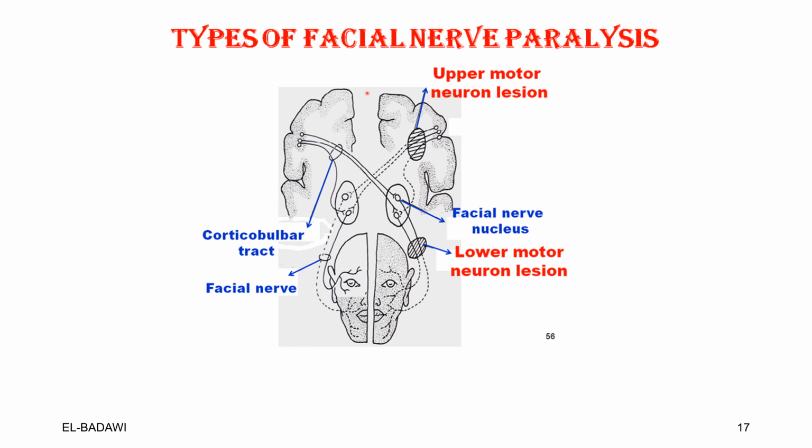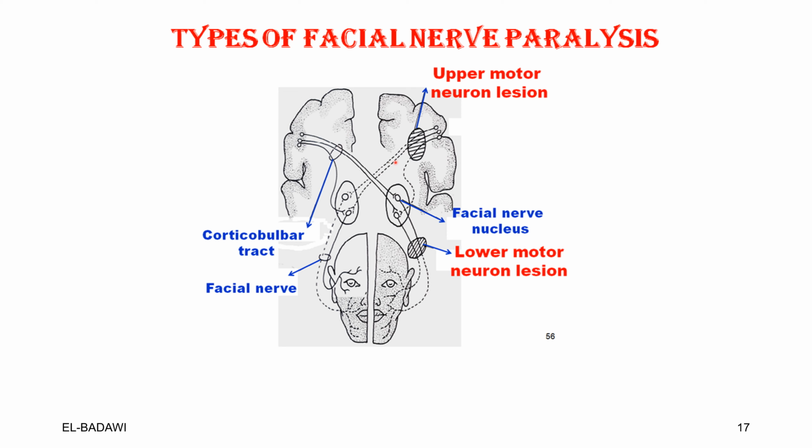Now we have to differentiate between the 2 types of the facial nerve paralysis. There is what we call the upper motor neuron lesion and the lower motor neuron lesion. When you see from that diagram here, there is a crossing from one side to another at the brain level.